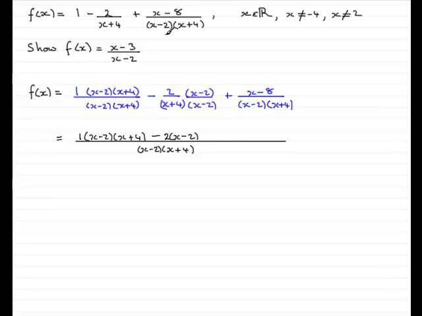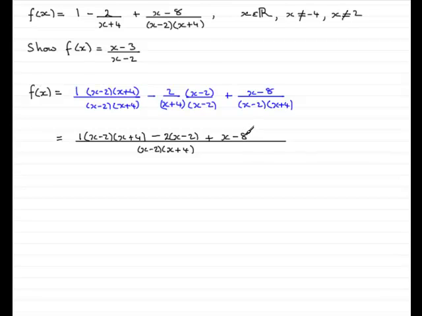I'd come on to the last term and seen that I've got that denominator x minus 2, x plus 4, so all I need to do is basically times it by 1. So I'd multiply the top by 1, and that's just going to give me 1 lot of x minus 8. That's what I've got up here. So it's up to you whether you take time out to write that line in or you go straight to this line.